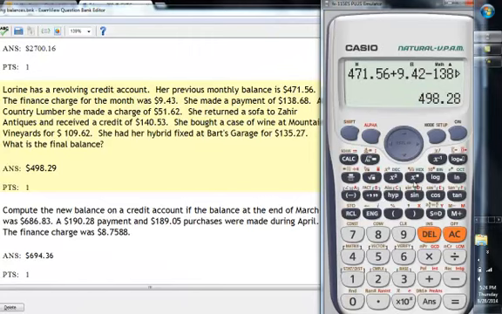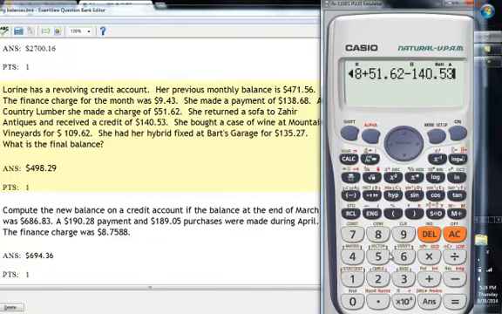Look at number 2, $471.56 plus $943. She made a payment, so that's going to subtract $138.68. She charged, so plus $51.62. She returned a sofa, so she got money back, so minus $140.53.